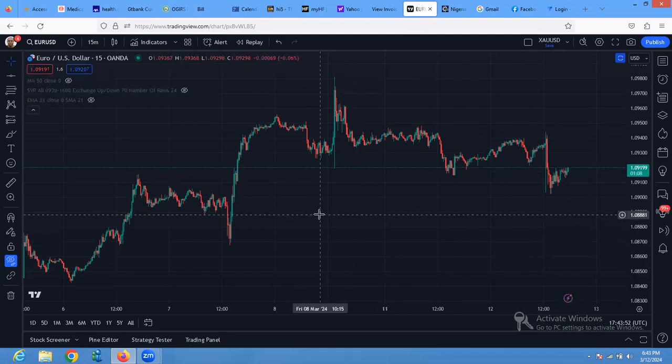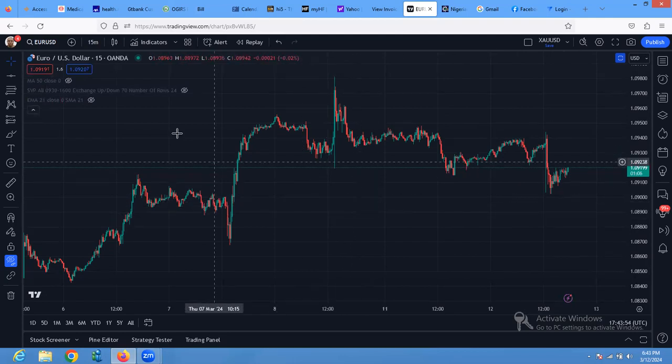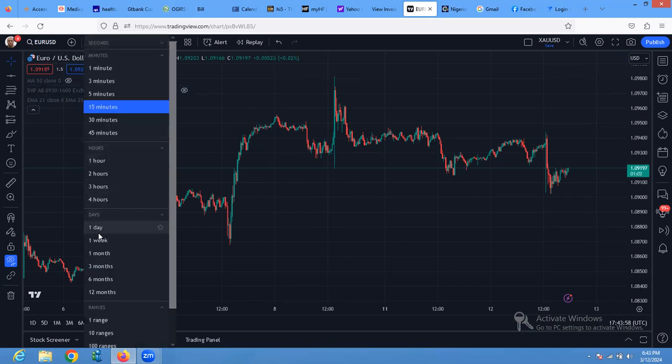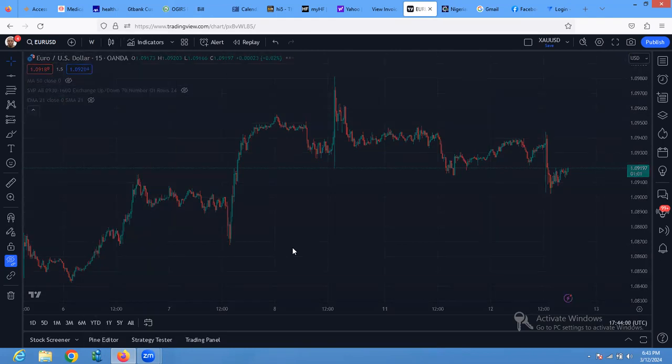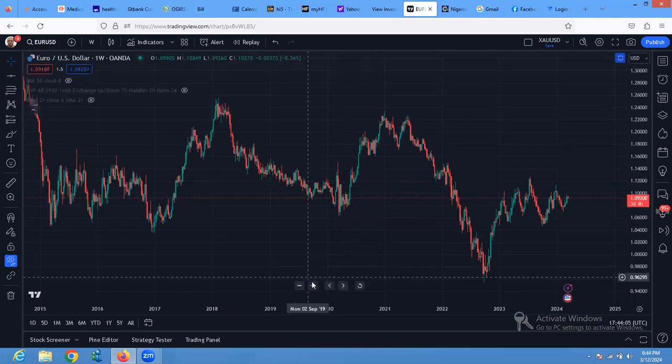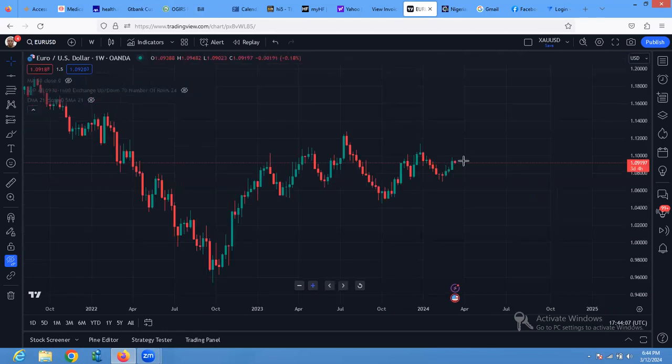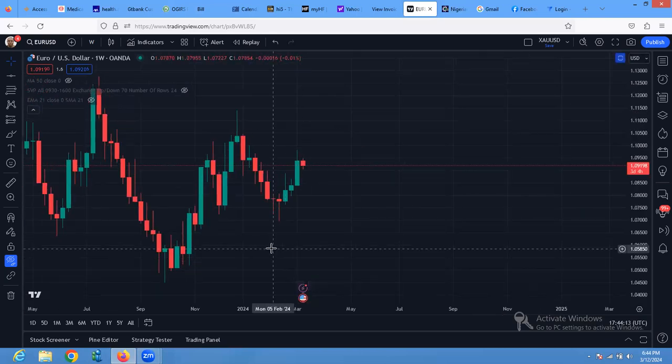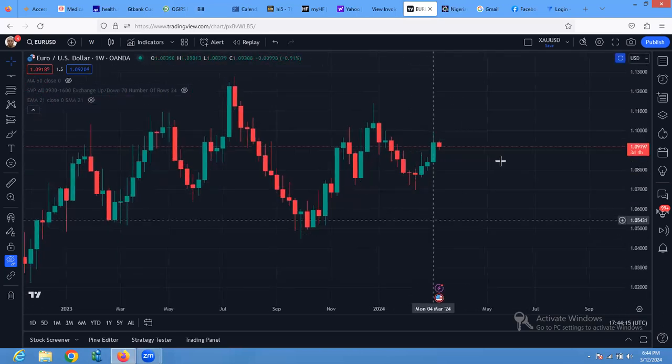So where do we expect this to terminate on the weekly, going to the downside on euro dollar? The price should find support. Look at this candle here, this price action here, because it's corrective, and this is the weekly candle, the price should find support with this candle around this area.